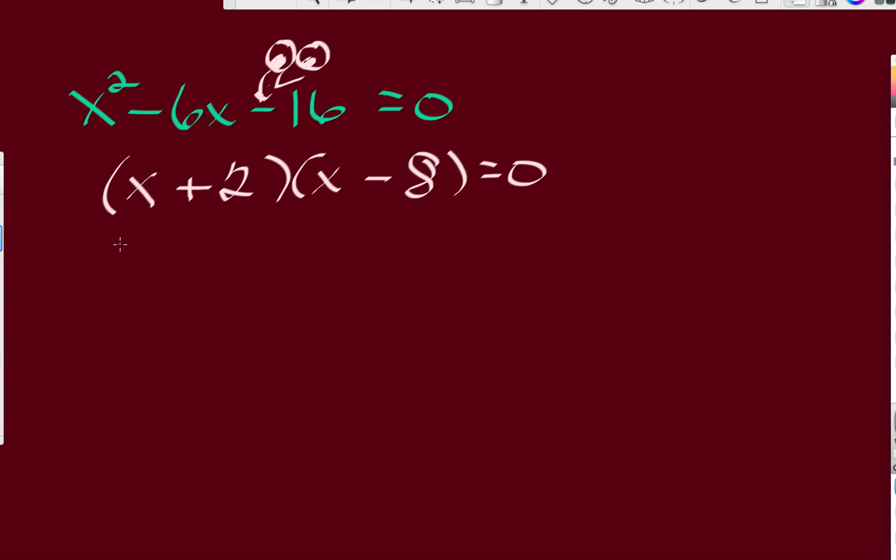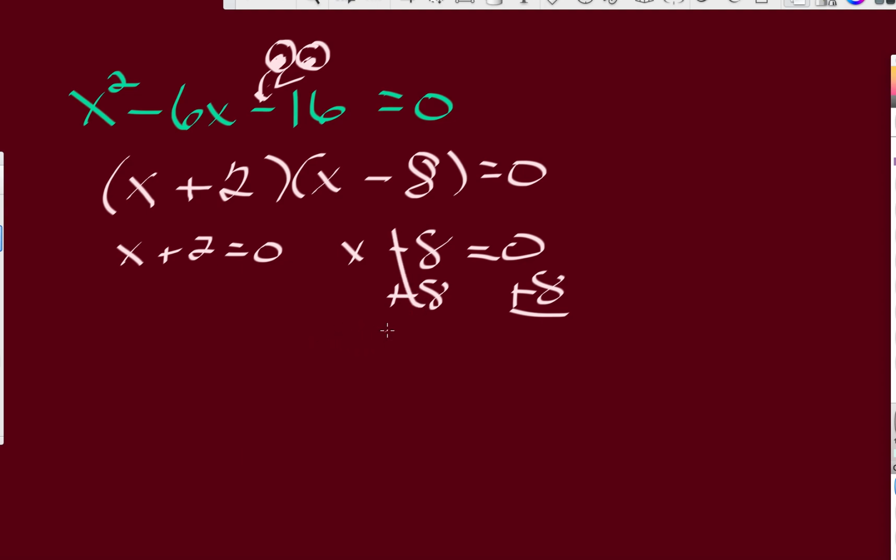Good stuff. Now solve x plus 2 equals 0, and x minus 8 equals 0. I don't have a whole lot of time, so I'm just going to do the math real fast. X equals negative 2, and x equals 8.